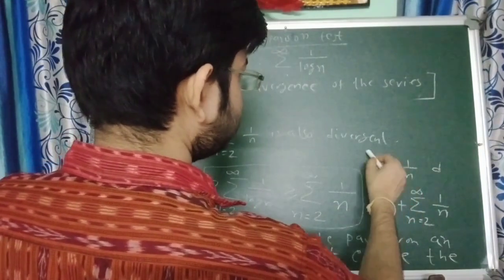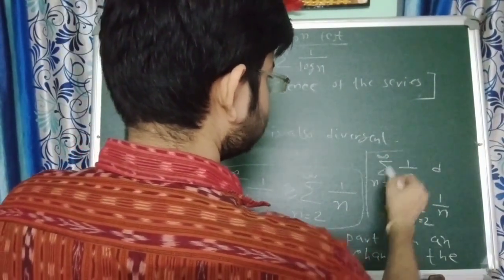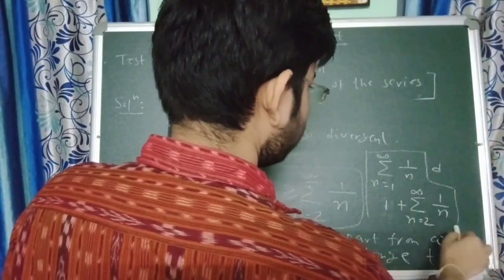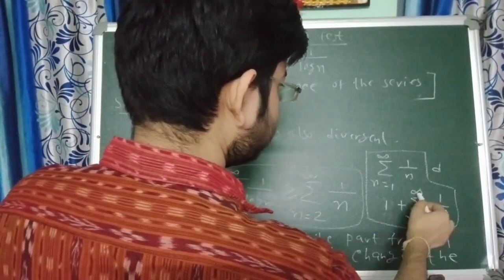So this expression summation n equals 1 to infinity 1 by n can also be written as 1 plus summation n equals 2 to infinity 1 by n.